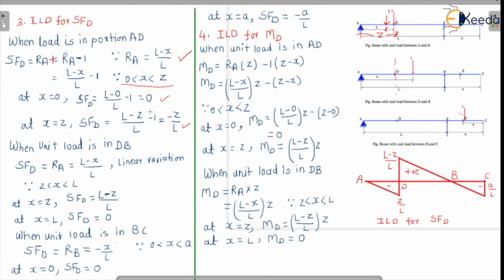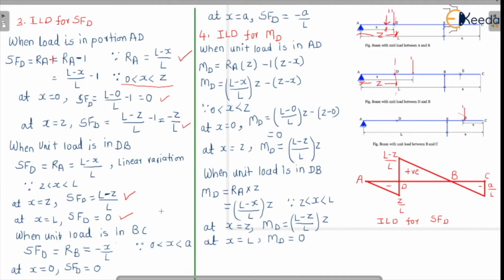So here shear force is nothing but RA, that is L minus X by L, and this X is varying from Z to L. This total distance is Z, and this is D to B, so it is Z to L. When X is equal to Z, substituting, we get shear force at D as L minus Z by L. And when X equals L, shear force at D becomes 0.